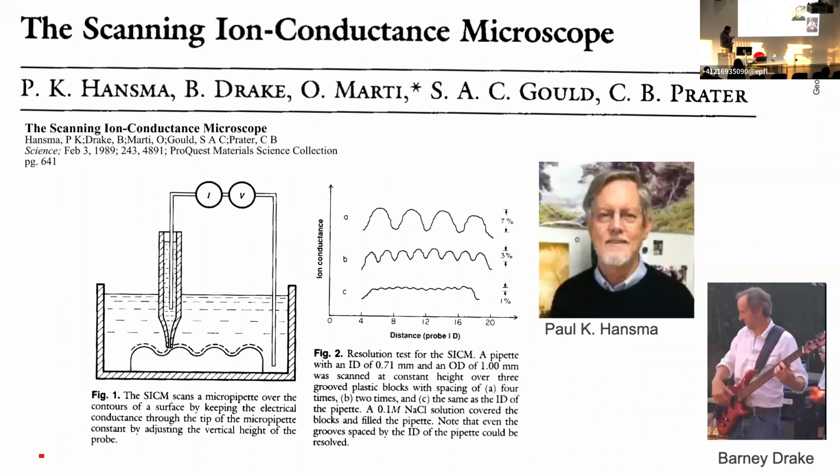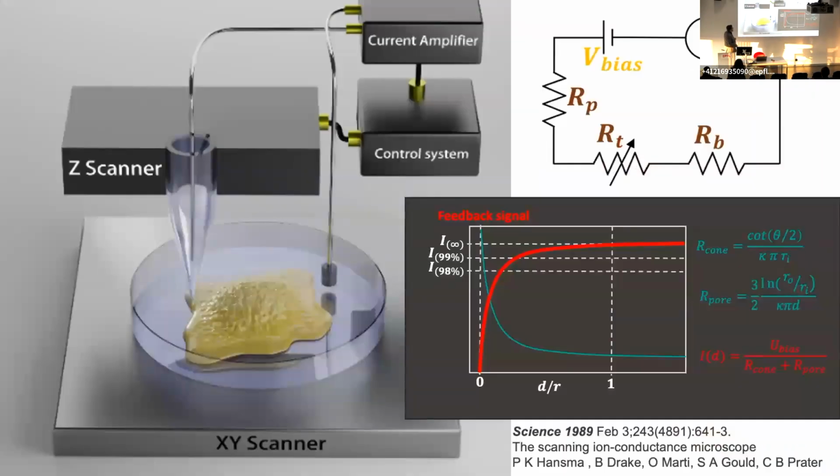The idea behind it is just to replace the force probe with another kind of probe that you can use to detect the surface, but that does not rely on a force interaction. The probe that they were using was a glass pipette. And so here, 30 years later, we use the same thing, just better graphics. We have glass pipettes with very, very small holes. Inside the glass pipette, there is an electrode.